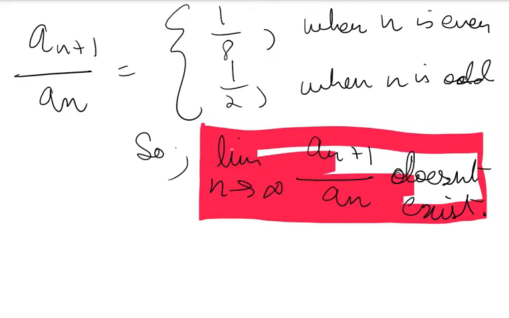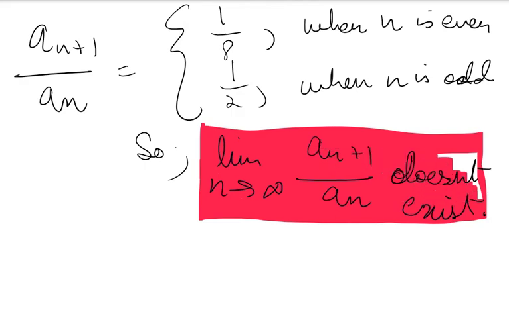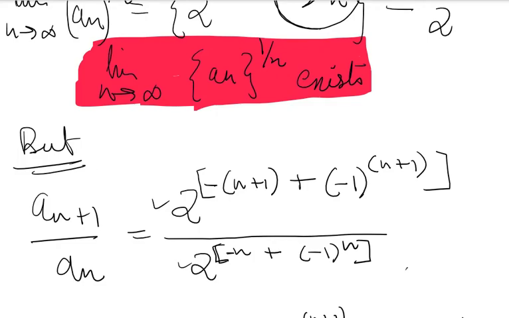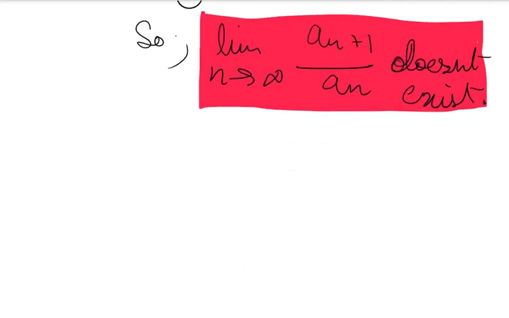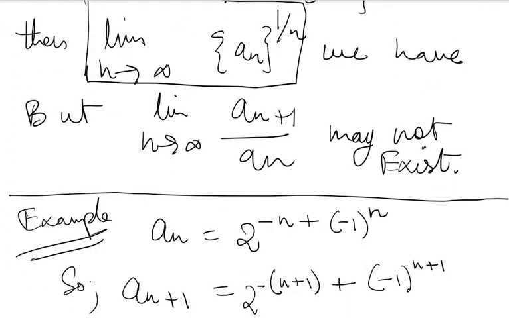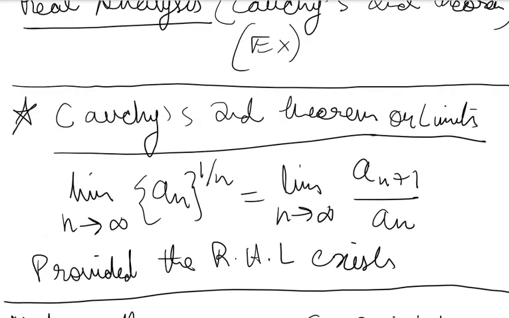Whereas what was the second theorem of Cauchy saying? The second theorem of Cauchy was saying that if the top part, this red part exists, then, if the right hand side exists, it's written here on top, provided that RHL exists, these will be equal to each other.